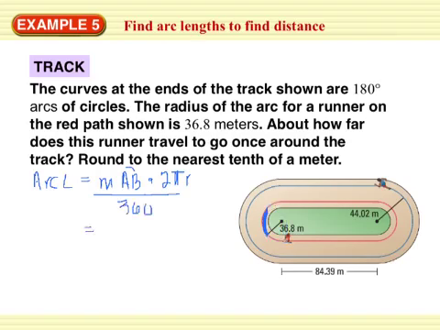Okay, let me erase this. The measurement of the arc in degrees is 180 degrees, because it's half a circle, times 2 pi, the radius is 36.8, because that's given, divided by 360.